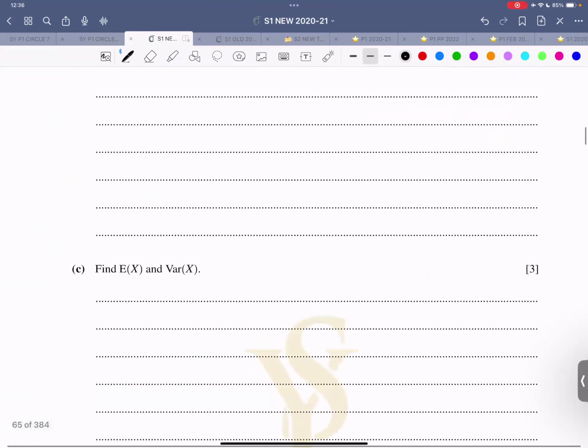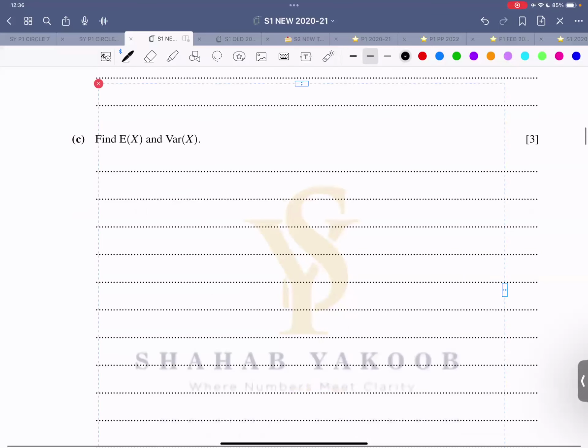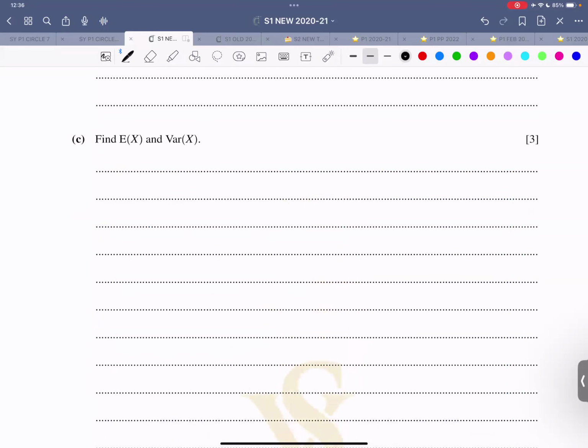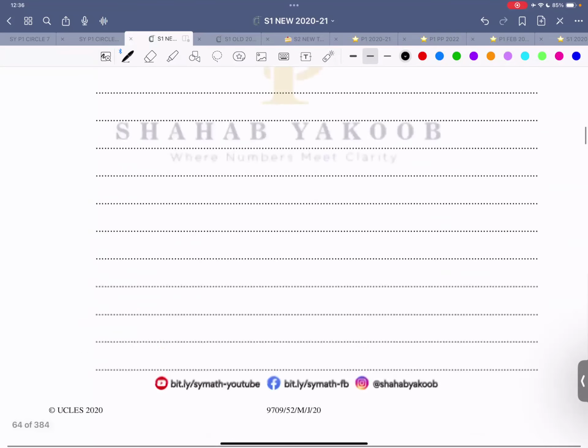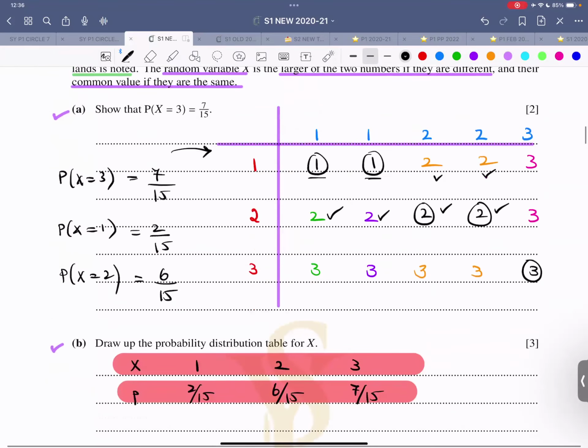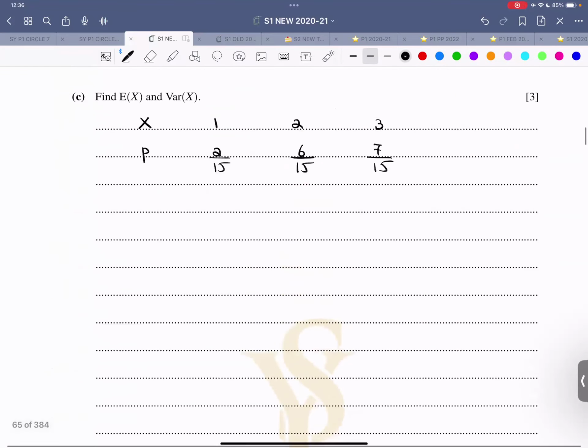And I think that's too much space given. It's asking for expectation and variance. So let me write X. Let me write probability 1, 2, 3. This is 2 over 15. This is 6 over 15. This is 7 over 15, if I'm not mistaken. 2, 6, 7, all good.